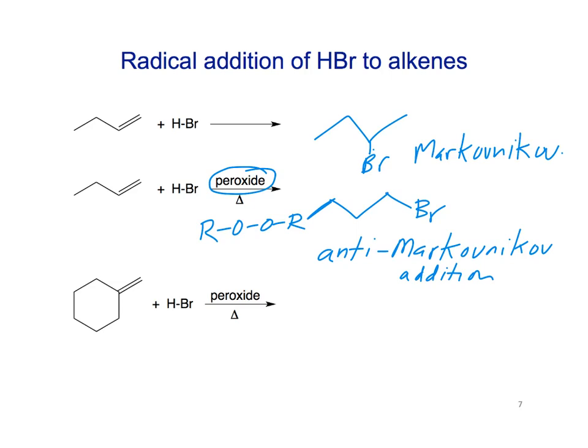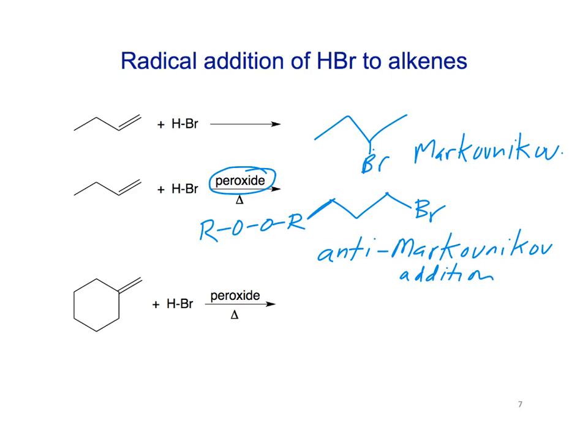Okay, so from a fundamental point of view, what does that suggest to us about the mechanism? Can it have the same mechanism as the reaction up on the top? No, because we have a complete flip in regioselectivity. It suggests that the mechanism has changed as well, right? So something big has changed.